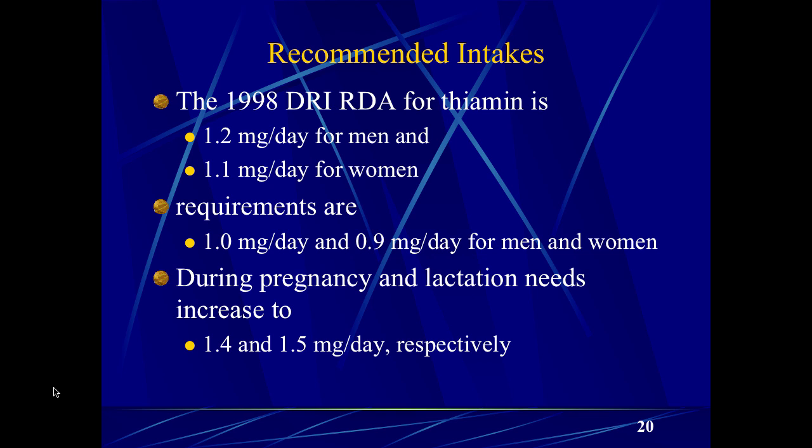So this is EAR. For men, it's 1, slightly less than the RDA, because the RDA is 1.2, so we've added our 2 standard deviations. Okay? During pregnancy and lactation, the needs increase to 1.4, 1.5 milligrams per day. Kind of typical of a lot of nutrients.